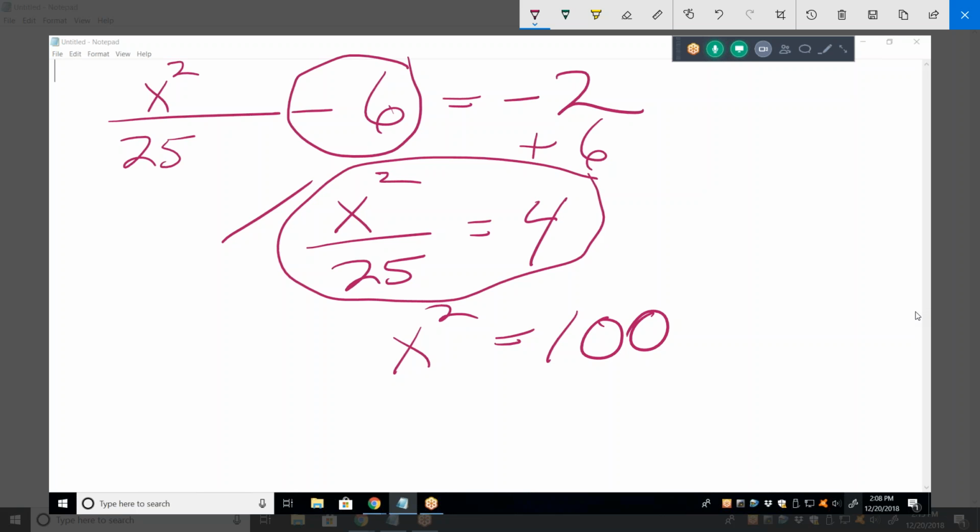So you got x squared equals 100. You got to solve for x. What's x equal to? Almost. Single biggest mistake made by every high school student I tutor.